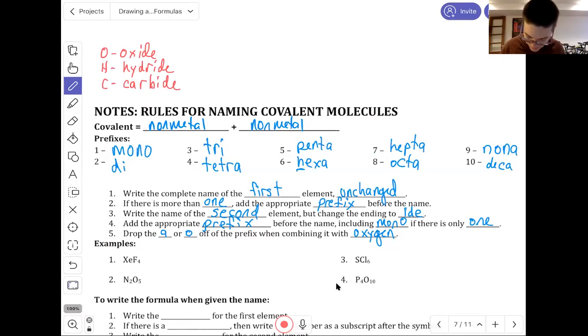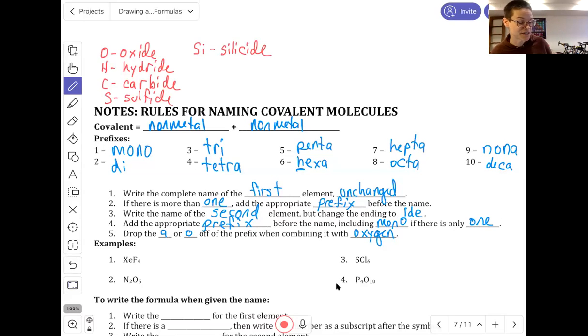It's kind of funny. Sulfur, sulfide, right? Silicon, this is a funny one. Silicide. That's a really strange one.